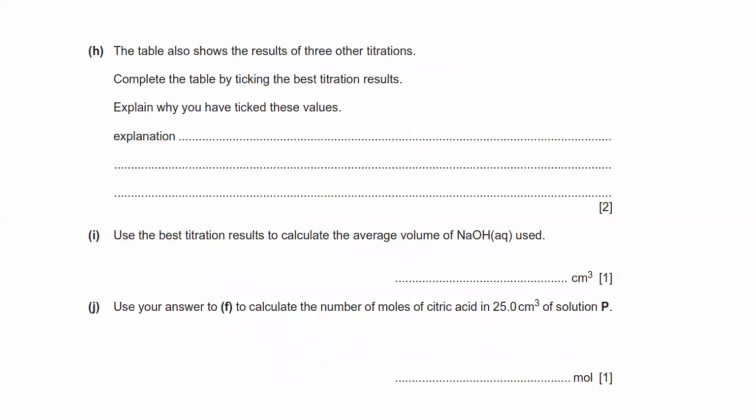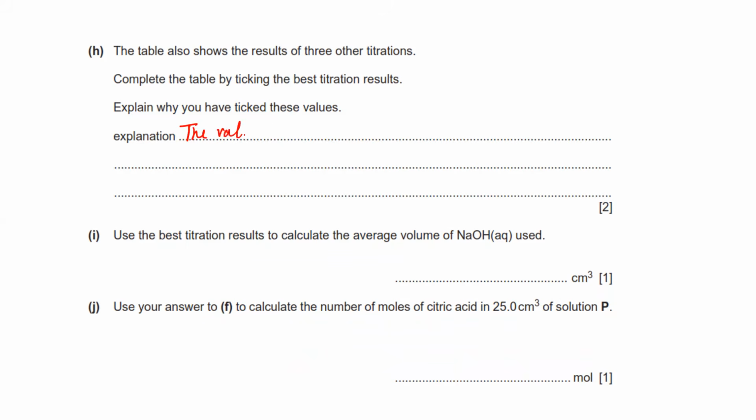Then the table shows the results of 3 titrations. Complete the table by taking the best titration results. So we have already taken them. Then it says explain why you have taken these values. So all values in 2, 3, 4 are close to each other, that is within around 0.2 centimeter cubes.